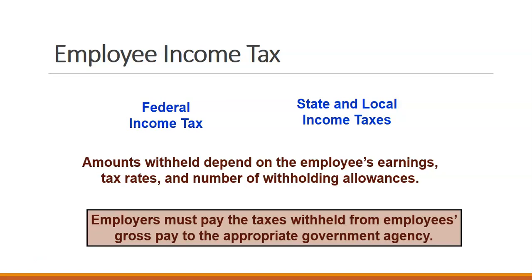The federal income tax rate, what gets held from your check, depends on whether or not you're married, whether or not you have children. You can also withhold at a higher rate than the government recommends based on whether or not you're married or have children. You can be exempt sometimes if you don't make a certain amount of money or aren't married with any dependents.